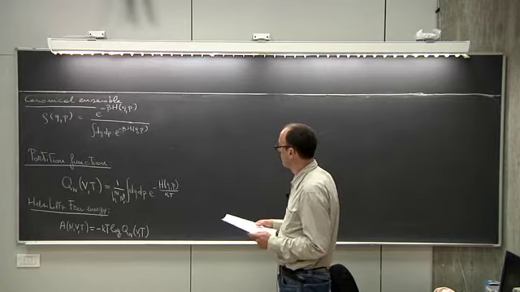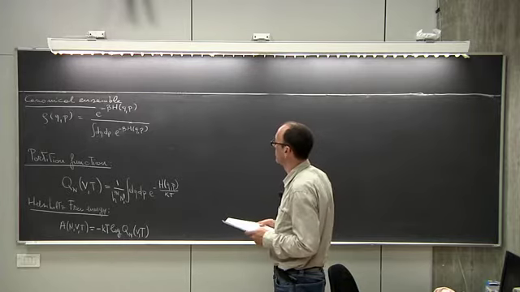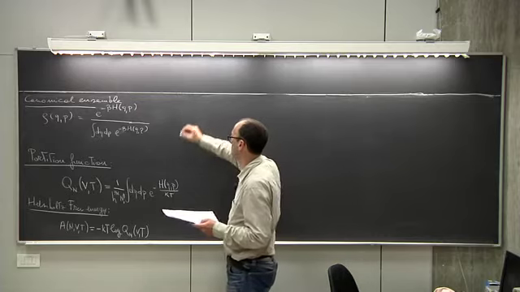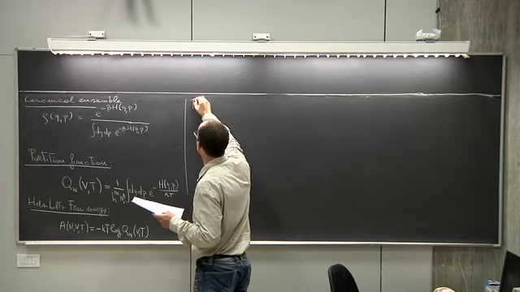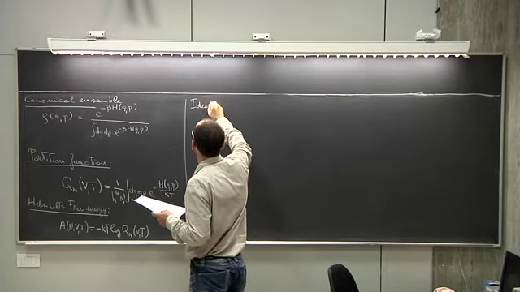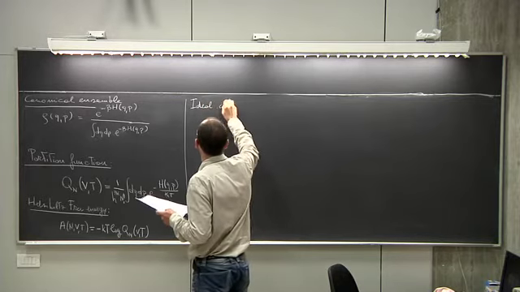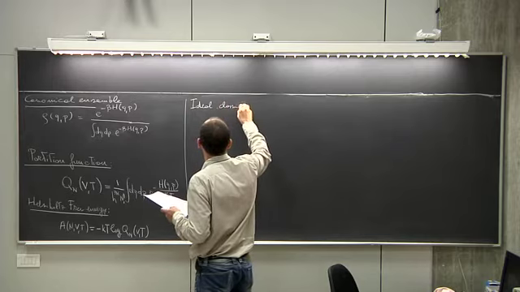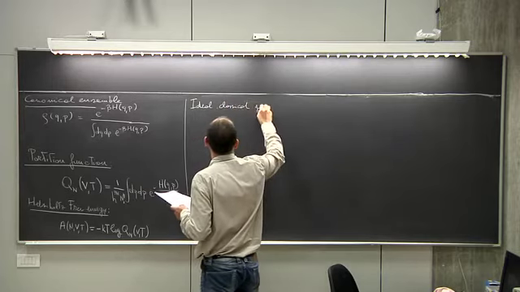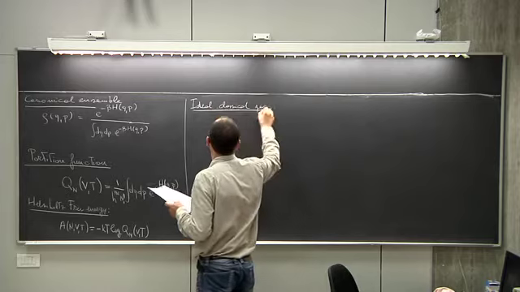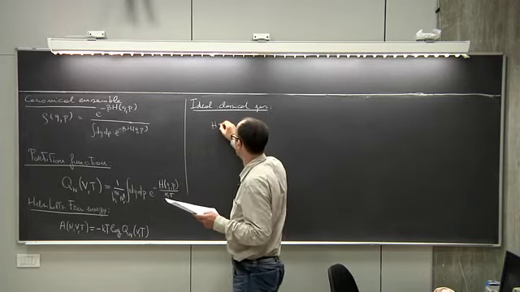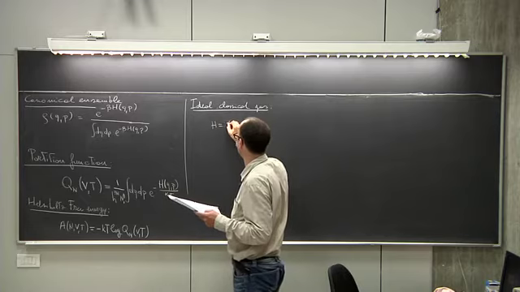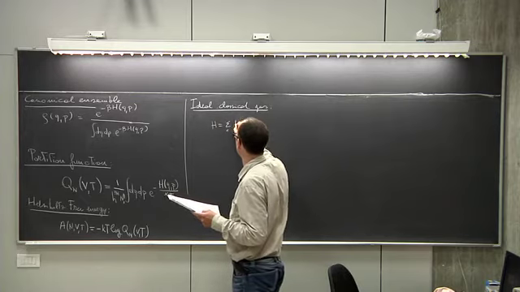Now, what we did last time is to discuss the simplest case, which is that of the ideal classical gas. The Hamiltonian is just the kinetic energy, the sum over the particles of p_i squared over 2m.